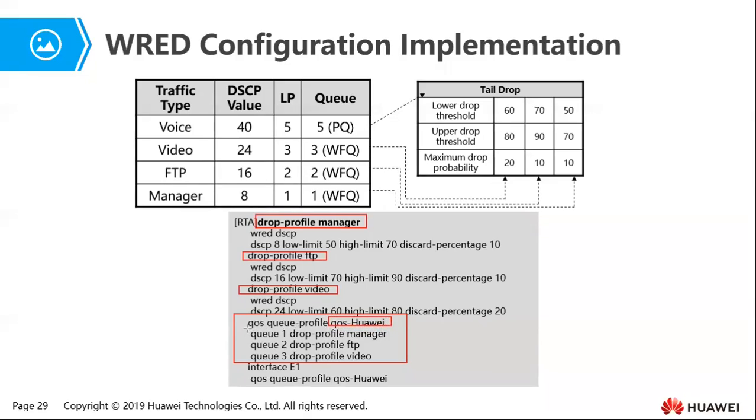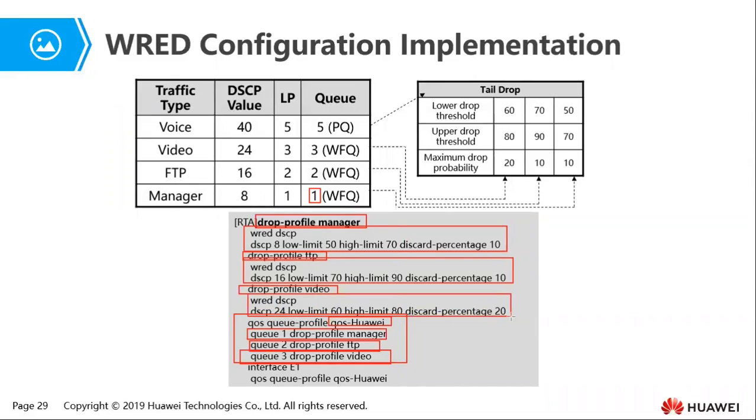Then you say for Q1, use the drop profile called manager. For Q2, use FTP. For Q3, use video. So that's what we're doing there.